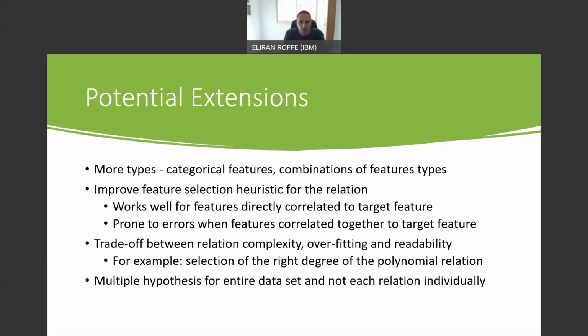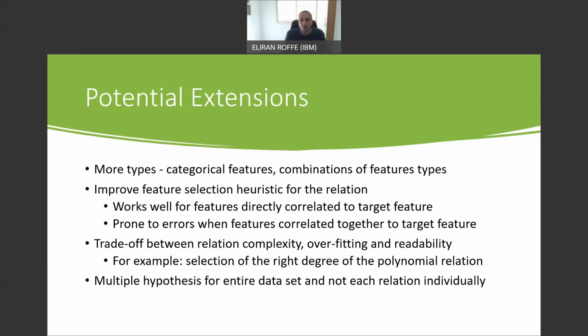If you remember from the start of the slides, I said that we took the target feature and we have a heuristic which selects the 2 features most correlated to Y. This works well when X1 and X2 are highly correlated to Y. But, for example, you can take a good relation, which is Y is equal to X1 plus X2, but maybe X1 and X2 are not correlated at all to Y, right?